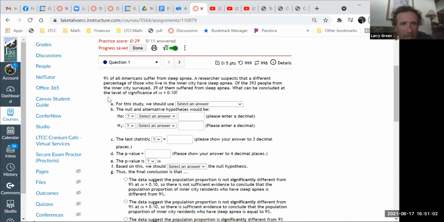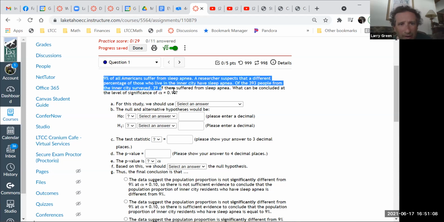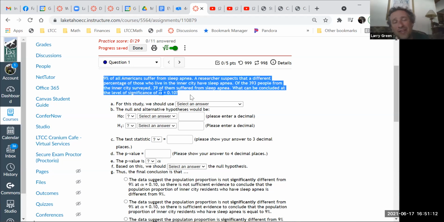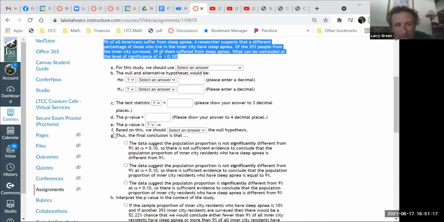Okay. And what I recommend doing is not quite the way this is set up. I recommend reading the paragraph and then doing the hypothesis test as though it was a quiz question, because I'm not going to give you a multiple choice on stating the conclusion. You're going to actually have to type out the conclusion.